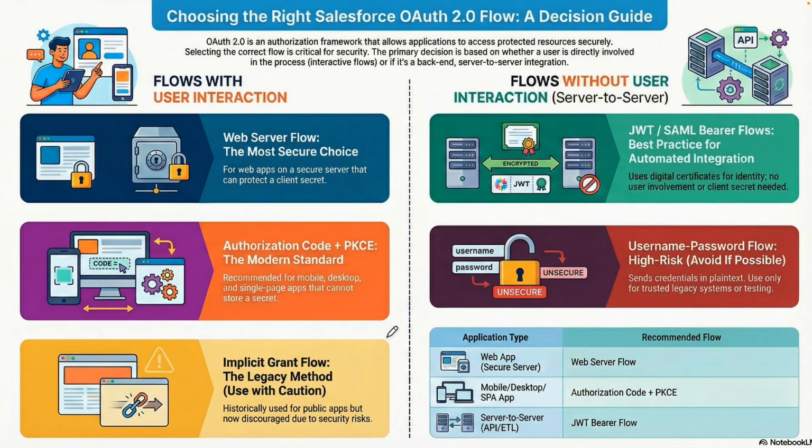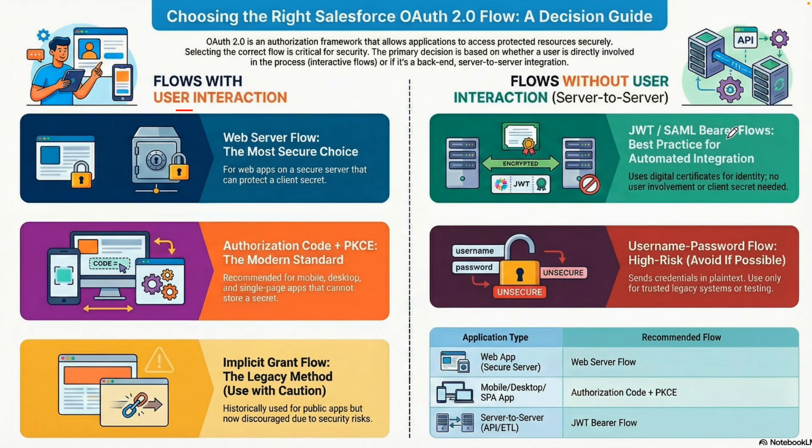Now, this is the complete guide, and I suggest that you take a screenshot, which will give you an overview of all the different types of flows that we have discussed. We have discussed the web server flow, authorization code flow, and the implicit flow. These are the flows that should be used with user interaction. Without user interaction, you have the JWT flow.